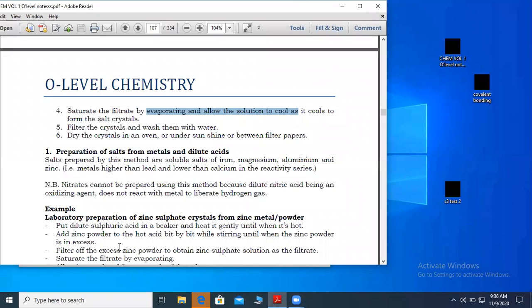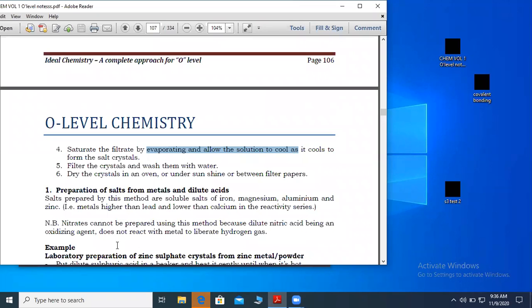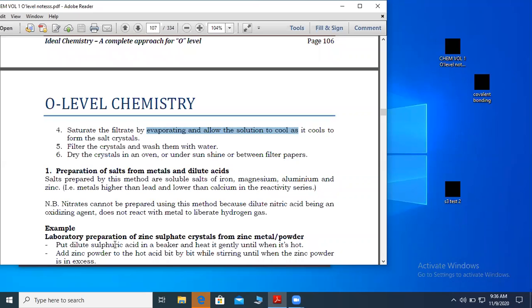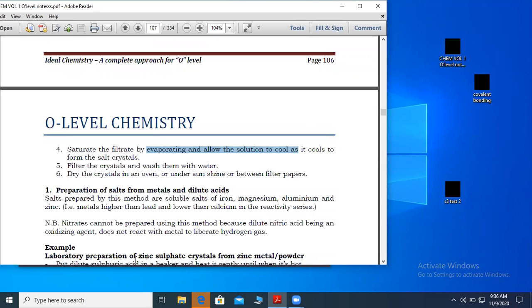Then, if a question is asking you to prepare a salt and you don't write the equation, be rest assured that you have lost 1.5 marks. An example is here. Prepare zinc sulfate from zinc metal or zinc powder.